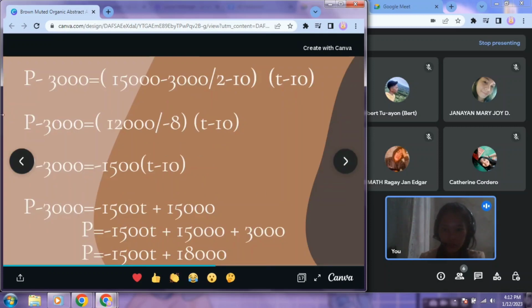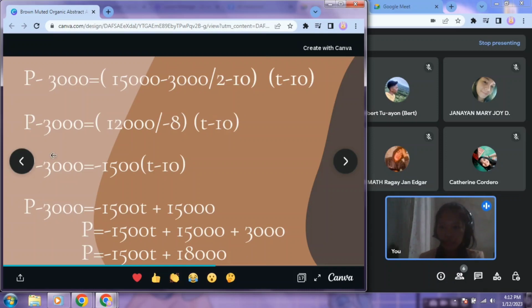P minus 3,000 equals 15,000 minus 3,000 over 2 minus 10, times T minus 10. P minus 3,000 equals 12,000 over negative 8, times T minus 10.